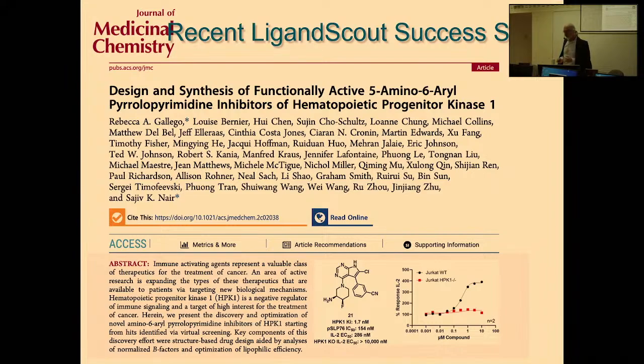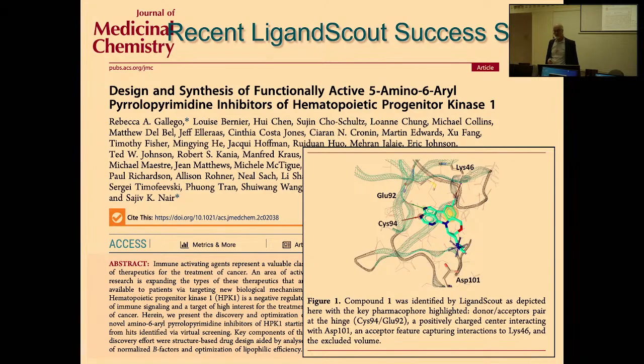And so they were working on this hematopoietic progenitor kinase 1, and they had never found this molecule before, and the last resort was to make a structure-based pharmacophore using LigandScout, and they came up with this hit from their own library.